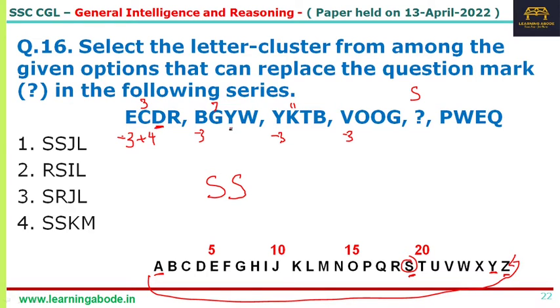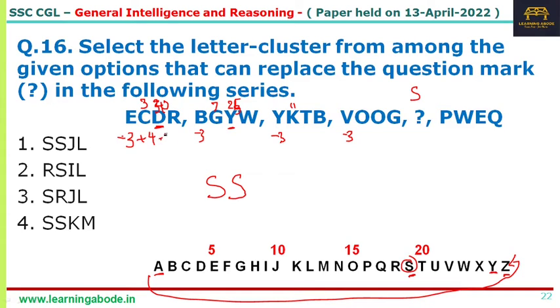so D and Y, D is 4, Y is 25. In other words, if you count after 26, A is 27, B is 28, so this is 30.